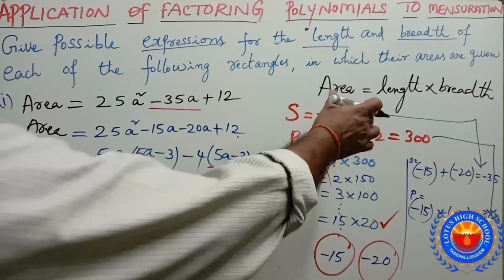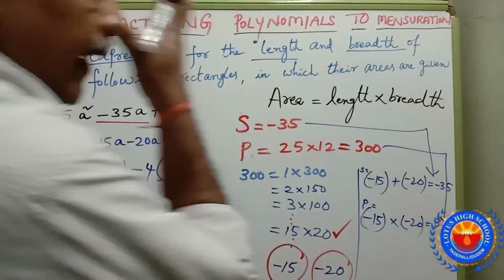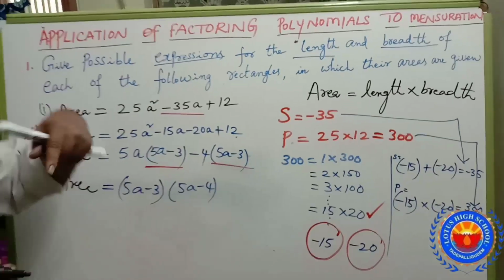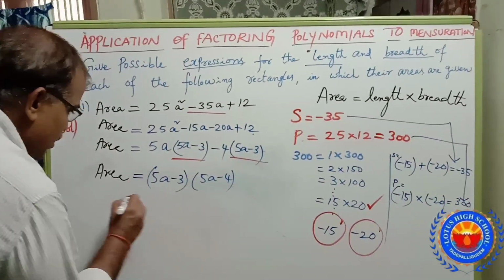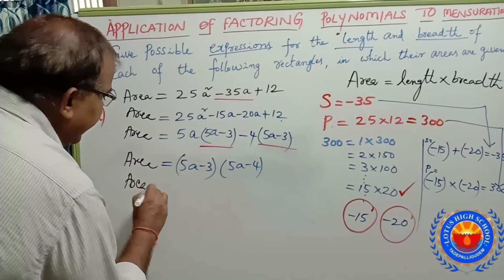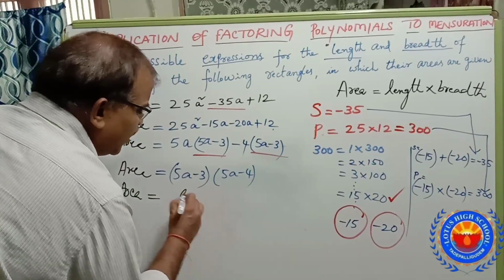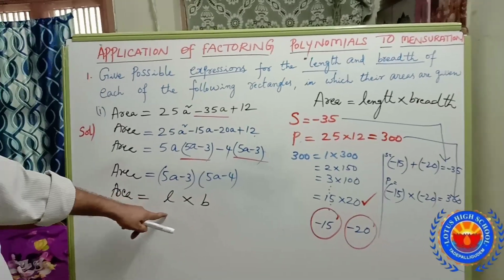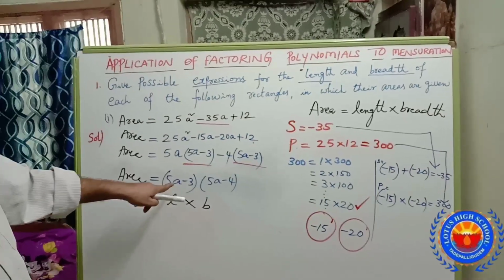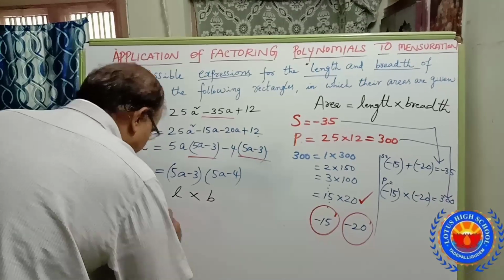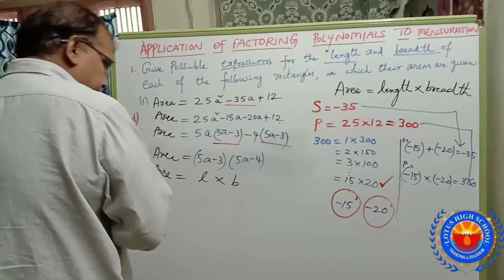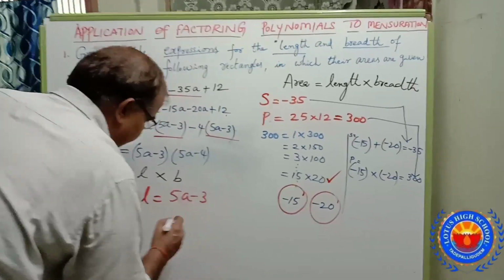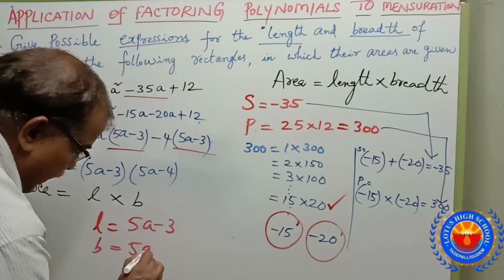So actually, what is the formula for area? Area of the rectangle, length into breadth. So compare area, length into breadth. Therefore, I can choose length is equal to 5a minus 3 and breadth is equal to 5a minus 4.